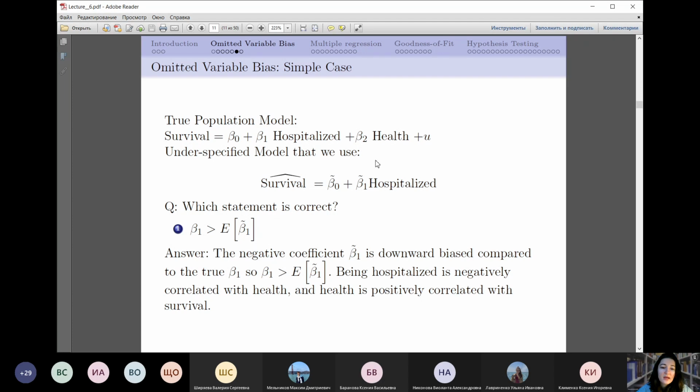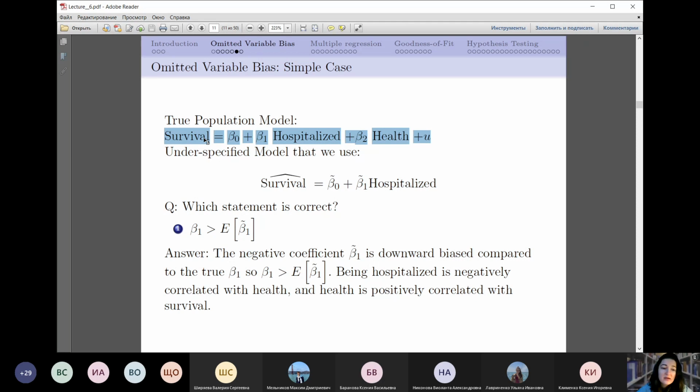We have an underspecified model, this one, and our true model, this one. In our case, we can assume that people with better health have better chances to survive on average. This is our first idea.